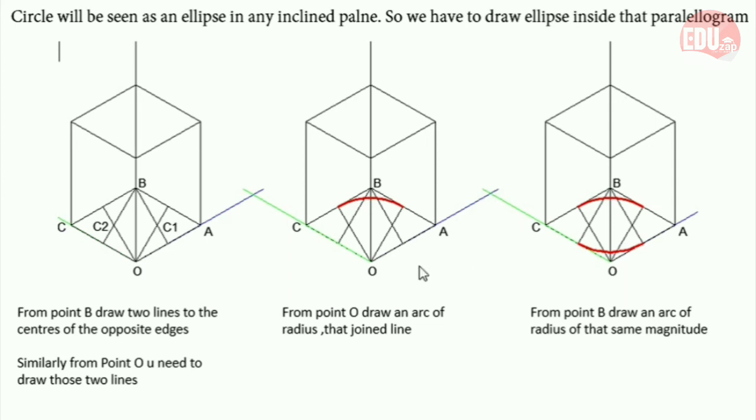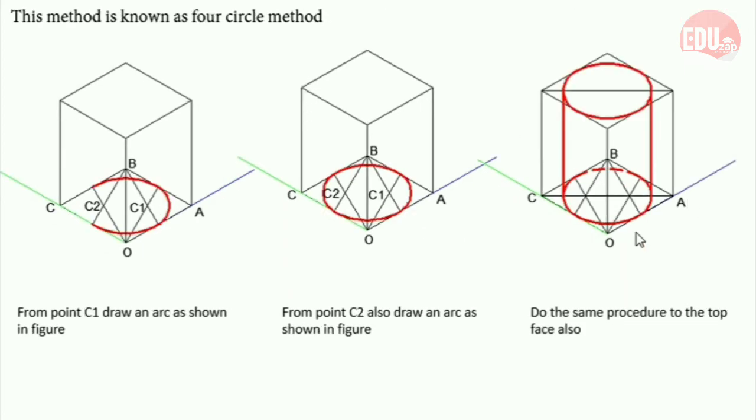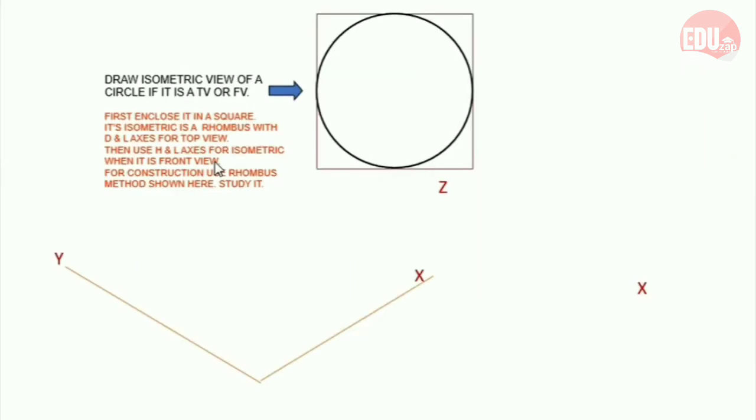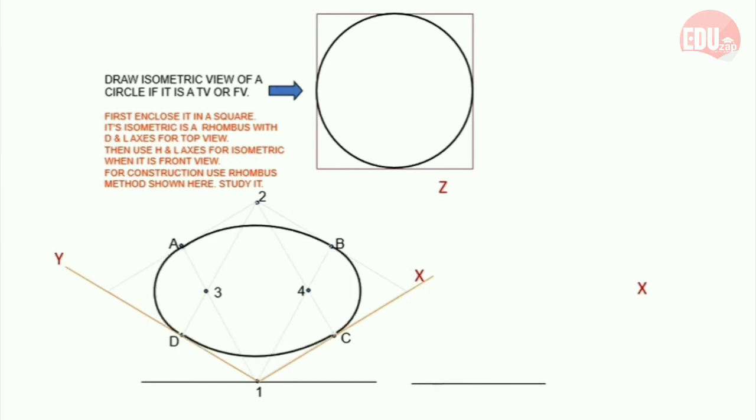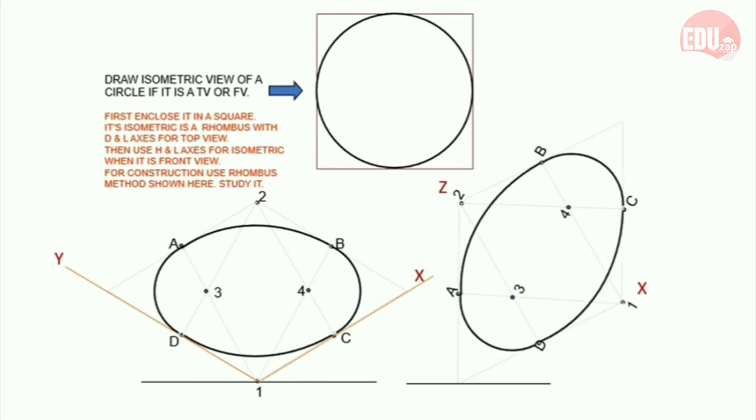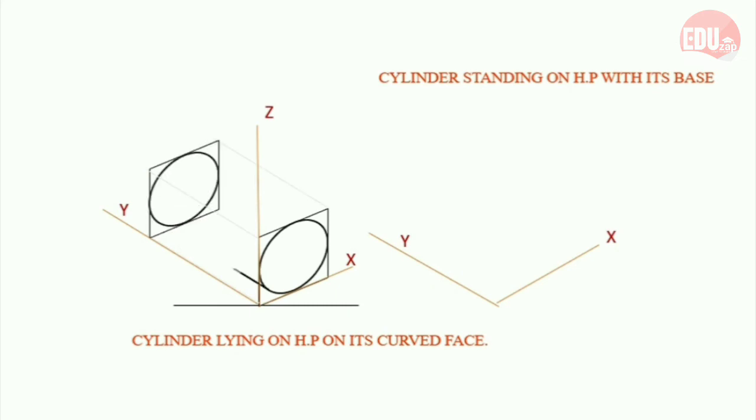So this is how you can draw, and with this point as center, you can draw a curve like this, and this has this radius. Suppose you want to draw the cylinder resting on its lateral face, you need to draw a rectangle like this.